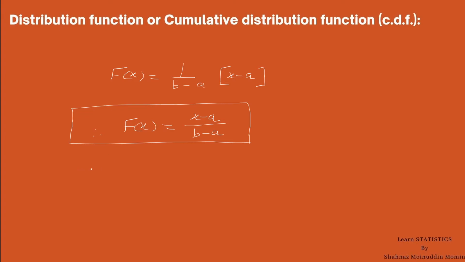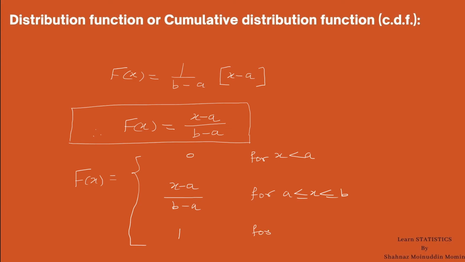We shall write this c.d.f as F(x) equal to, this c.d.f is 0 for x less than a, and it is x minus a upon b minus a for the range a to b, and it is 1 for x greater than b.